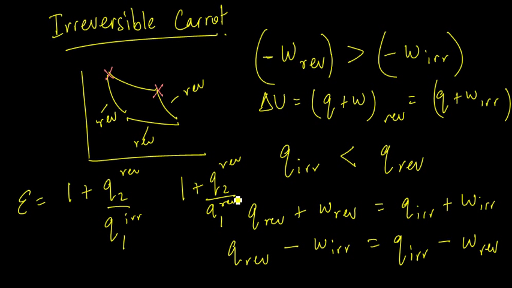This is also a negative quantity, right? Since Q1 reversible is large, this is a small quantity. So 1 minus a smaller quantity, 1 minus a larger quantity. So this efficiency of the irreversible one would be less than the efficiency of the reversible Carnot cycle.